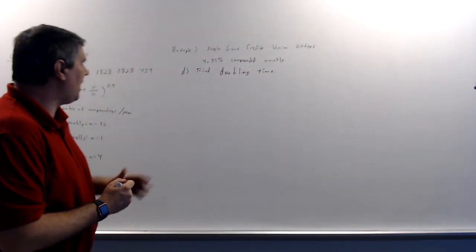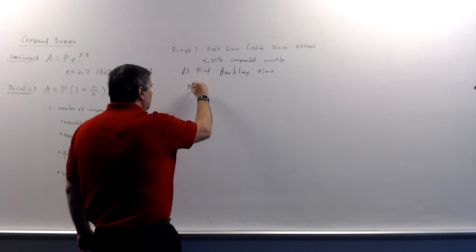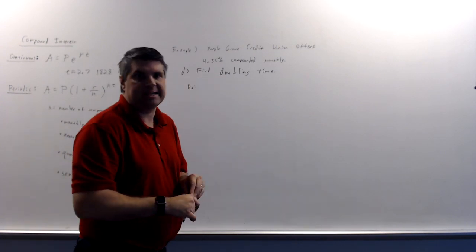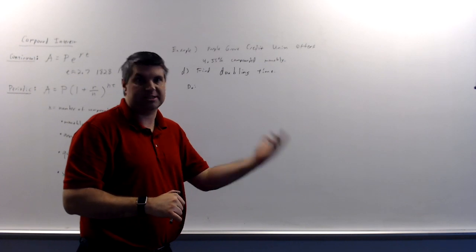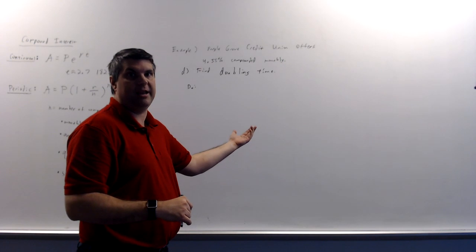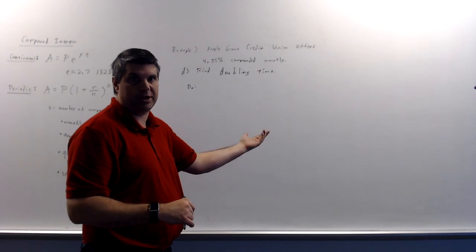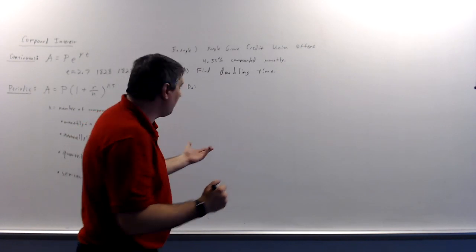Okay. Find doubling time. Well, do. This is the amount of time it takes any amount to double. $100 to $200, $300 to $600, $1,000 to $2,000. You could literally plug anything in for the principal and double it for the accumulated value. But we've been using 1,040, okay, as a deposit.